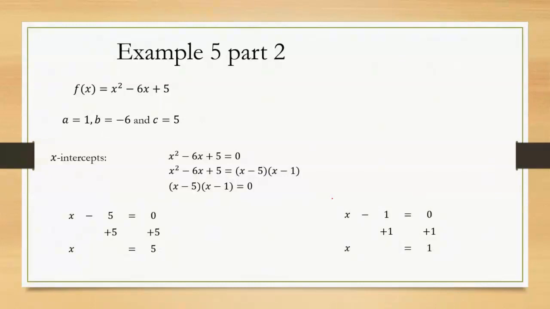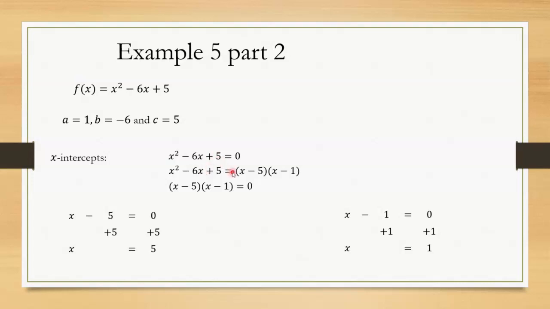In this case, I think it's easier to factor, mostly because here we have a trinomial, right? 3 terms. The leading coefficient's 1. It's degree 2. Okay, so we need 2 numbers whose product is 5 and whose sum is negative 6. Well, how about 5 and 1? No, excuse me, not 5 and 1, negative 5 and negative 1, right?